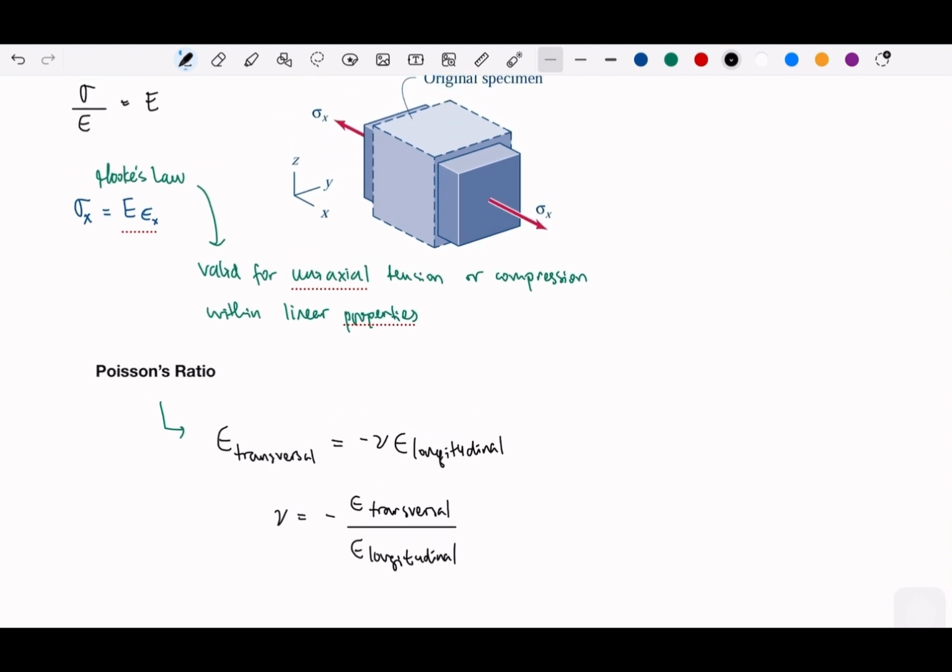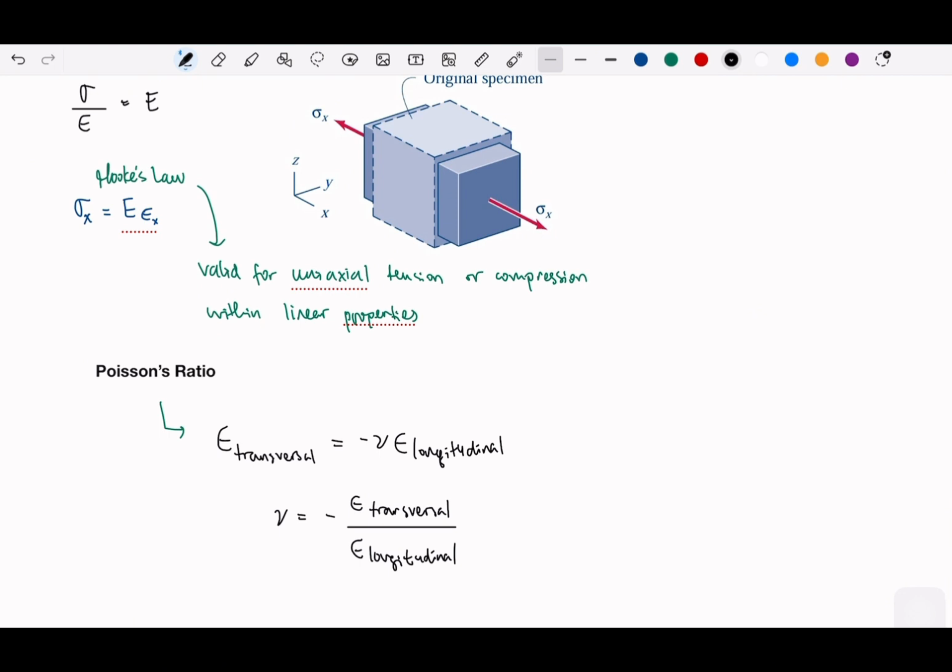Okay. And Poisson's ratio is good to know how much the material tends to go really long, or maybe tends not to change so much from the original shape. So when we stretch the material, we are going to see that this part of the material is going to be longer in the x direction, right?